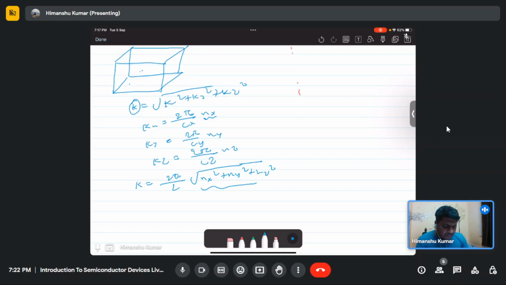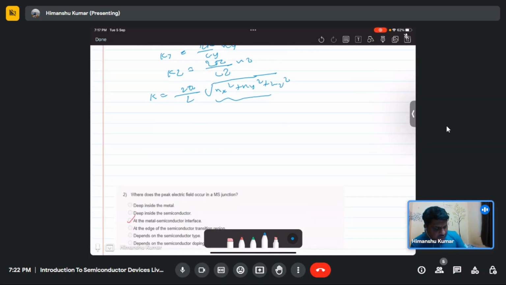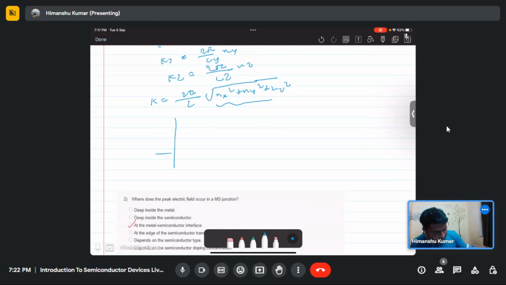If you apply Fermi-Dirac statistics, then in k space the metal will look like a sphere or ellipsoid. In the best case we can consider kF, and this kF is known as the Fermi surface.